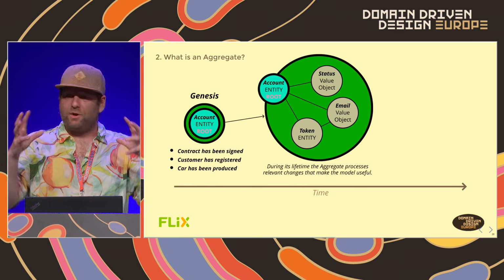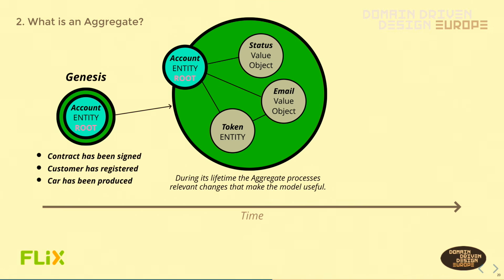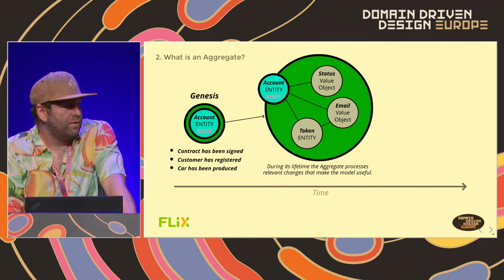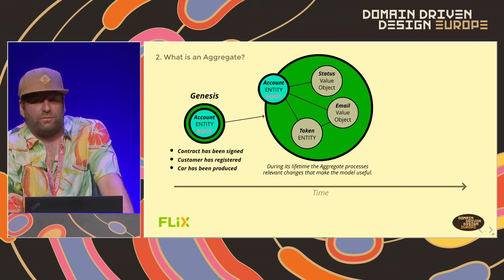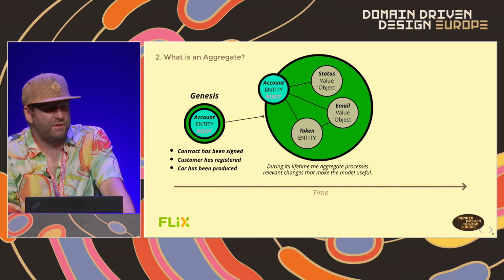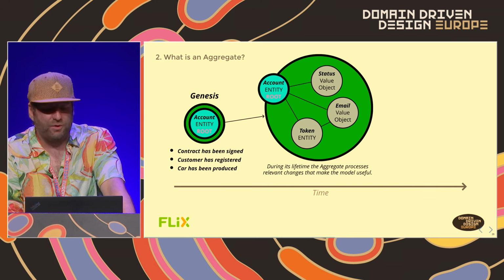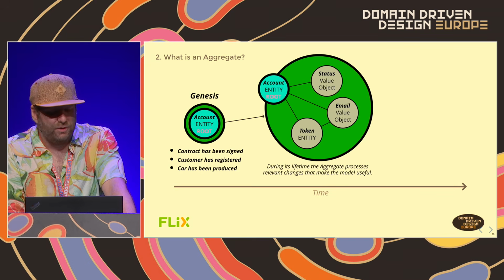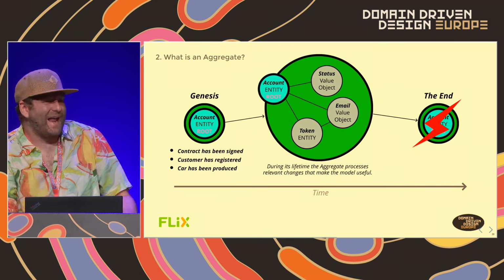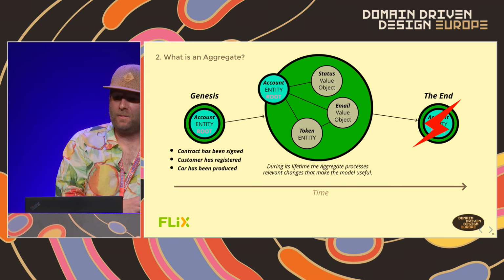And then, during its lifetime, it goes through different phases or stages, or it processes a lot of data changes. It does stuff. It does the things it is supposed to do. It is at least useful. I hope it does useful stuff within your product or your software system. But at some point, there's also an end to it.